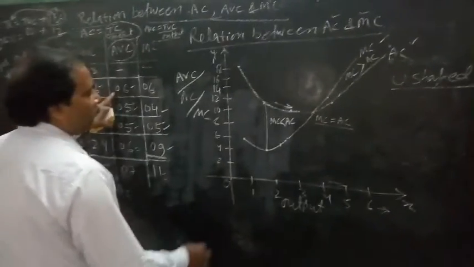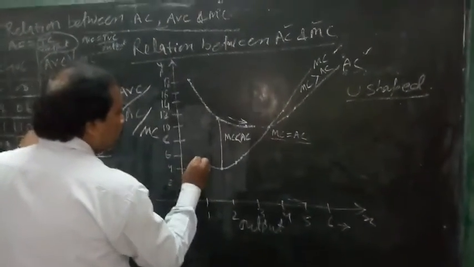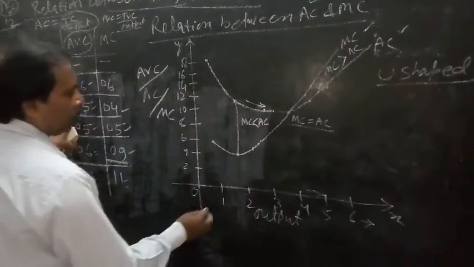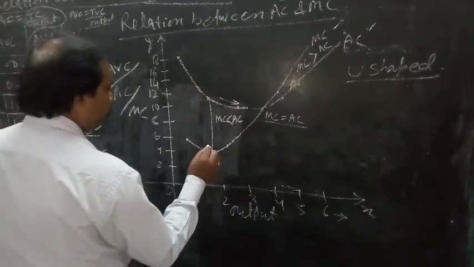So the AVC value for the first unit is 6. Again for the second unit, it is 5.